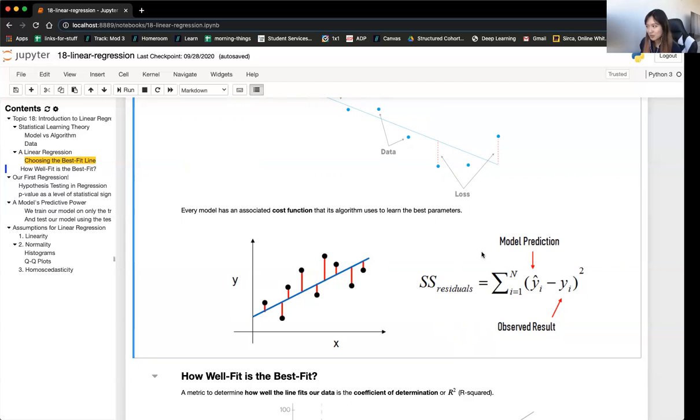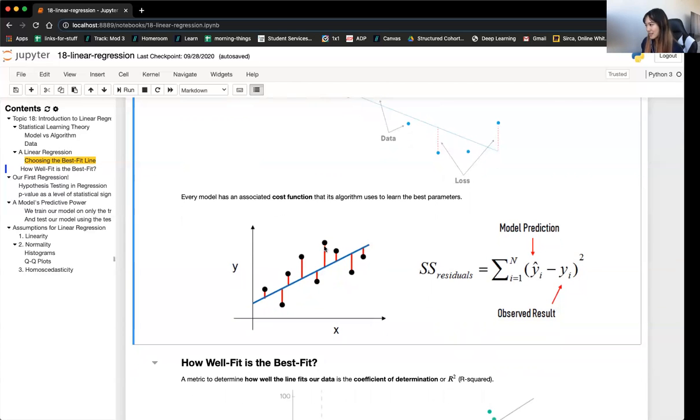So for this model, the best fit line is the line that gives you the smallest sum of squared residuals. What sum of squared residuals means is all of these red lines, basically the difference between the point and the line, the length of the line squared. On one hand, the squaring gives you bigger error values if you have big outlier errors, but the square also takes care of negative values.